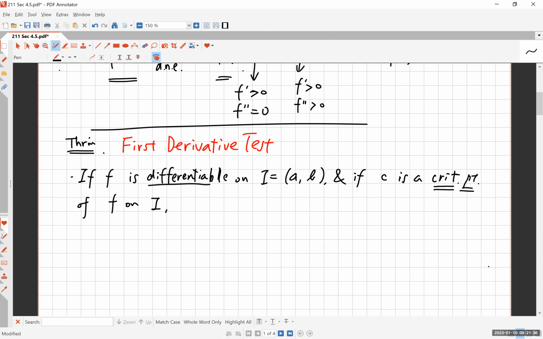Anyway, if f is differentiable and C happens to be a critical point on I, which means the derivative must be 0, then here is what you can conclude. Imagine the derivative is 0 at this point. There's a horizontal tangent, perhaps, or a sharp corner, just like we saw right here.